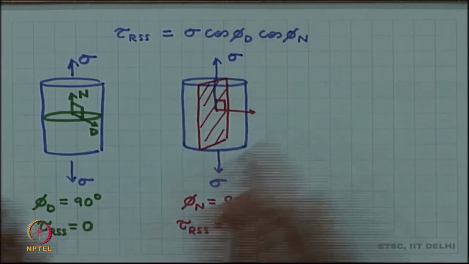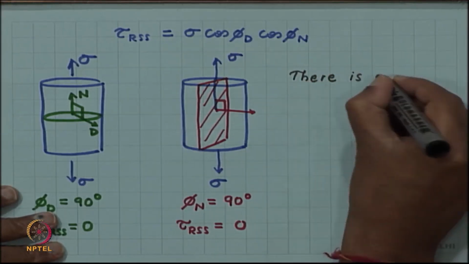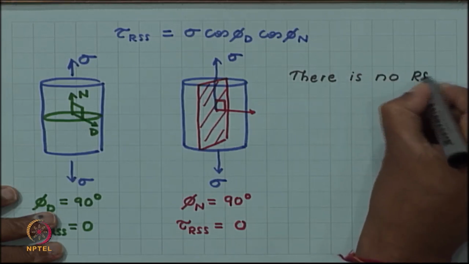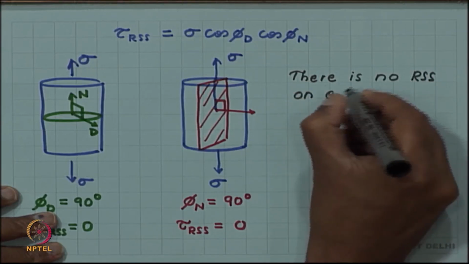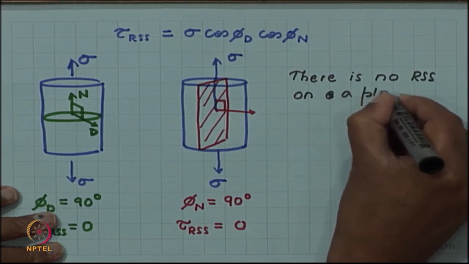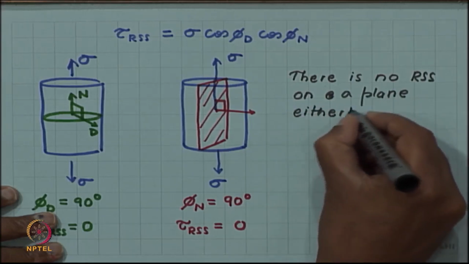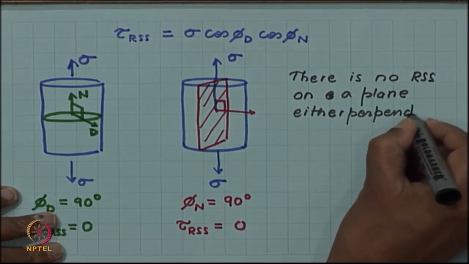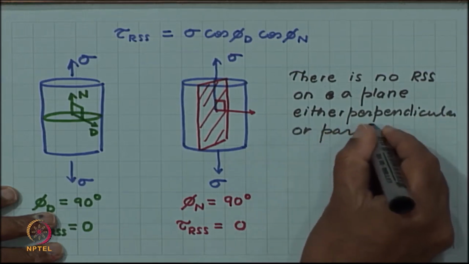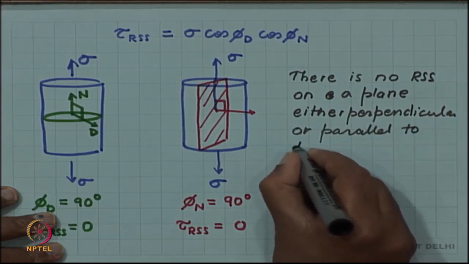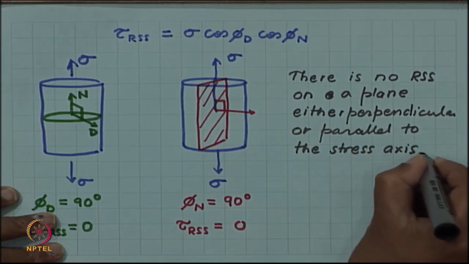So, let us note down this: there is no RSS on a plane either perpendicular or parallel to the stress axis.